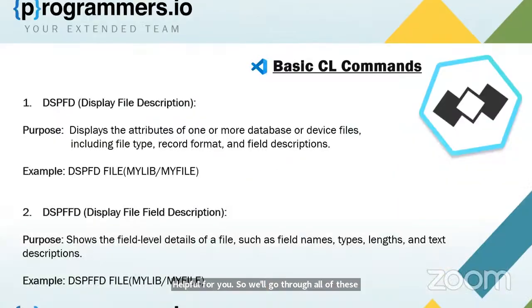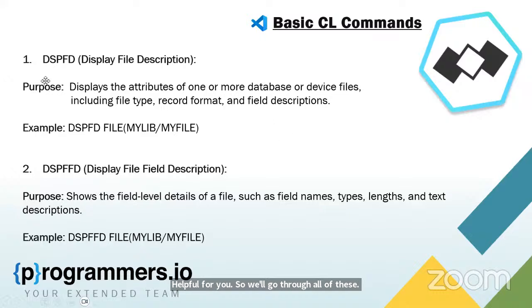So let's start with display FD. You already know how this command is used from one of your previous sessions: to display the attributes of one or more database files or device files. It shows you the file type, record format, and the field descriptions. Display FD stands for file description.